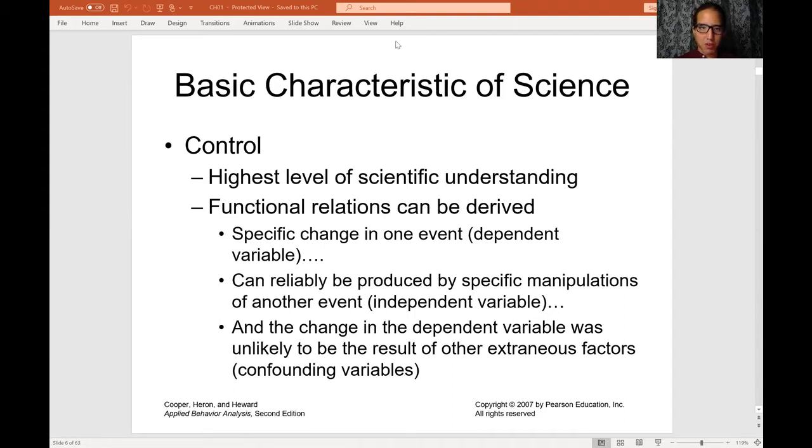So here for control, you just do this here really quickly. All right, so I'm going to use a whiteboard here for an example. If I can find the pen. Okay, great.